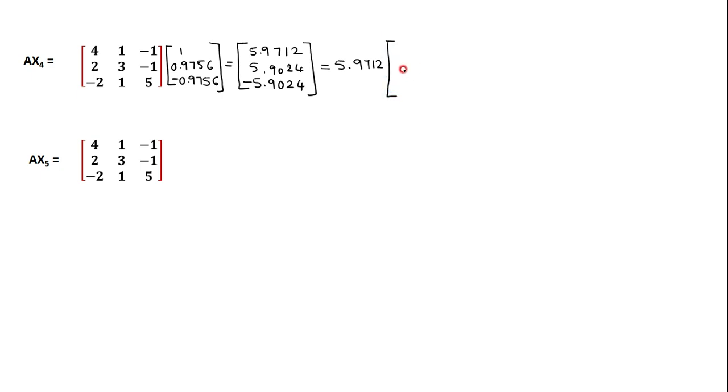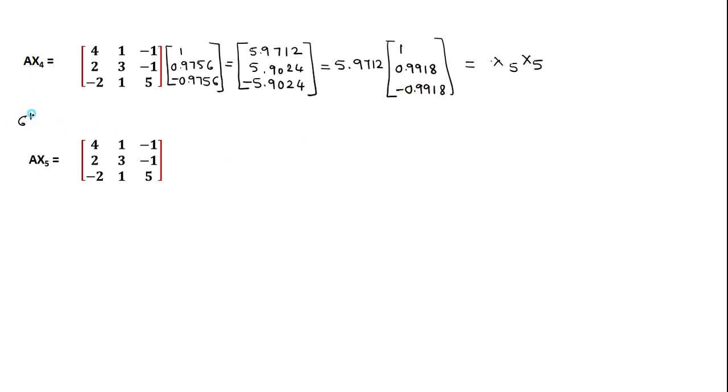Divide all the numbers by 5.9712. We'll get the matrix as 1, 0.9918 and minus 0.9918. So this is written as lambda 5 x5. The fifth approximation for the eigenvalue is 5.9712 and the corresponding eigenvector is 1, 0.9918, minus 0.9918.